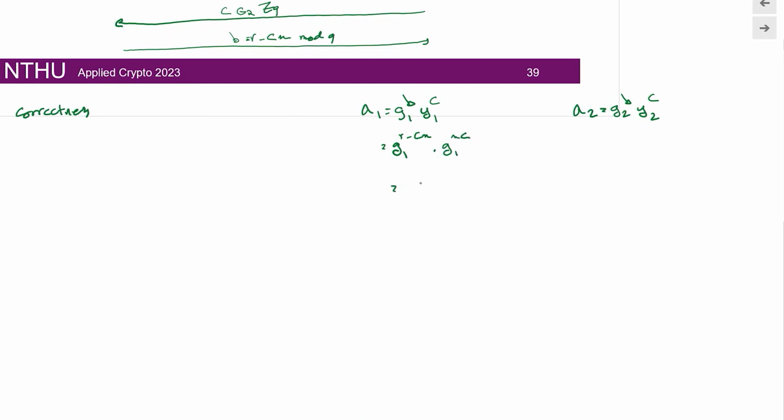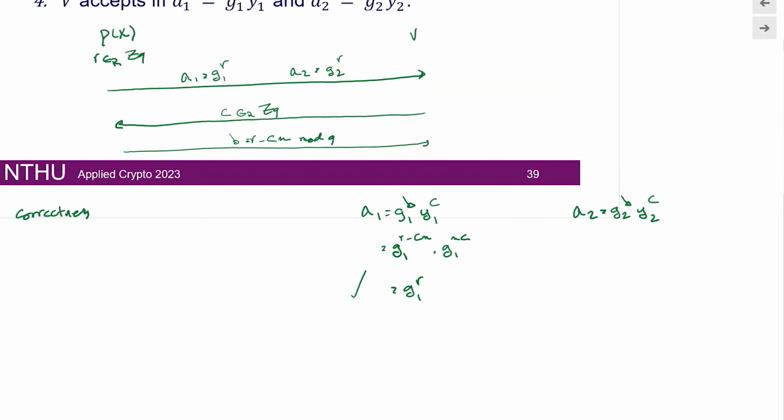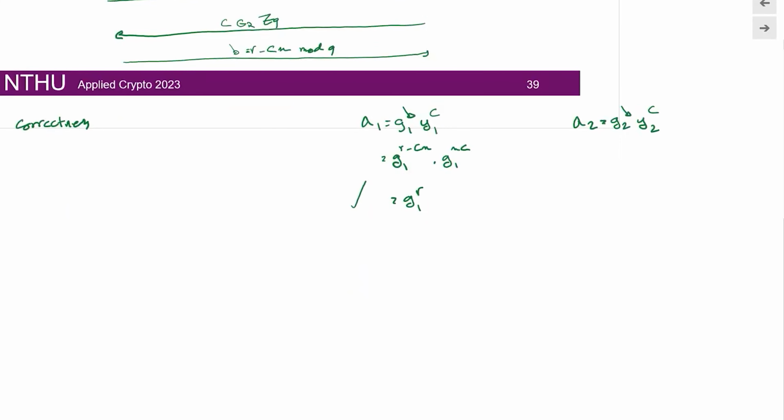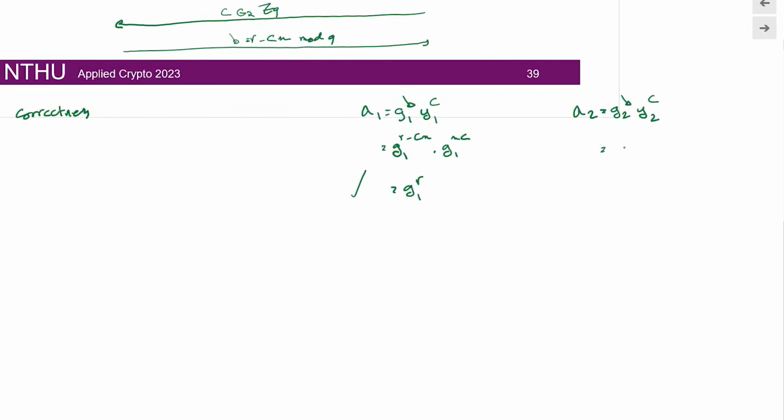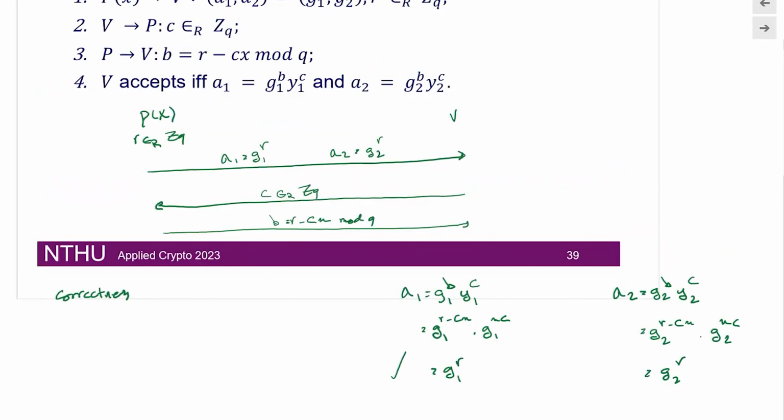Then you see that this is going to be g1 to the R. That is correct, since A1 was g1 to the R. Similarly over here, we get the same result: g2 to the R minus CX times g2 to the XC, so we get g2 to the R.